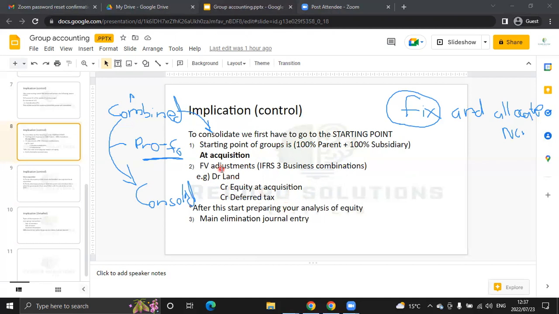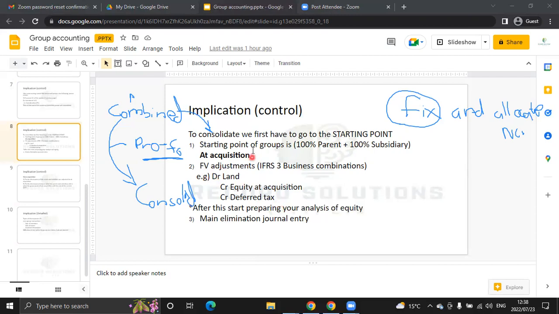So what happens is, let's take something else. Maybe it wouldn't be investment property. Okay, maybe it's intangible assets. Let's say those intangible assets were undervalued.